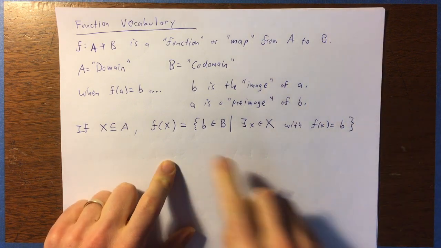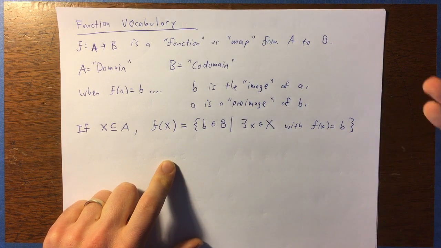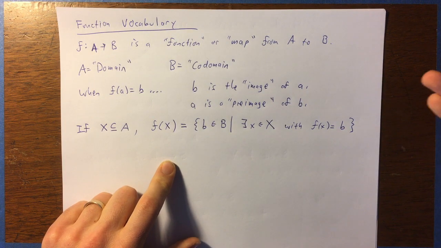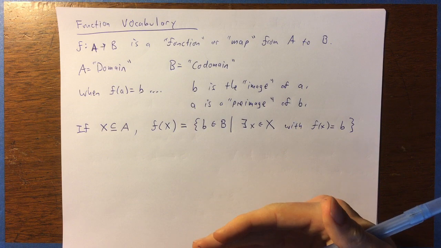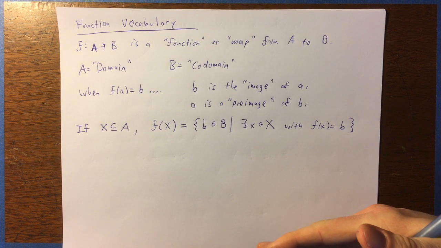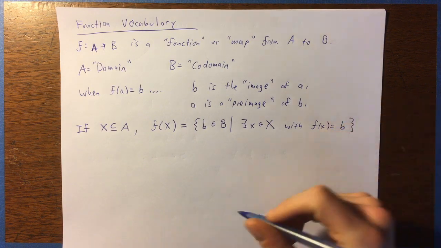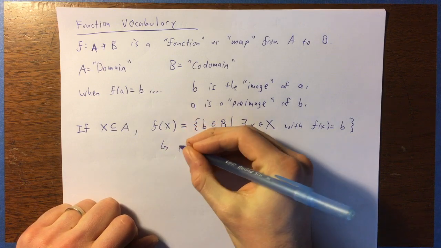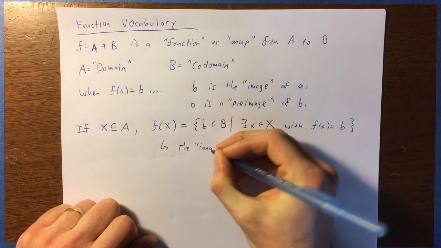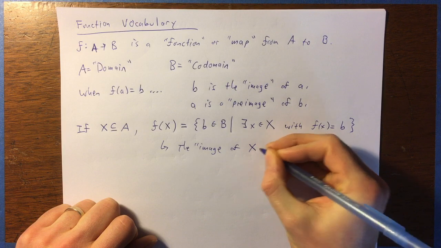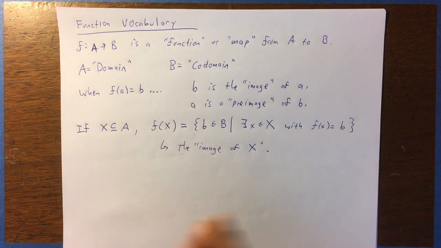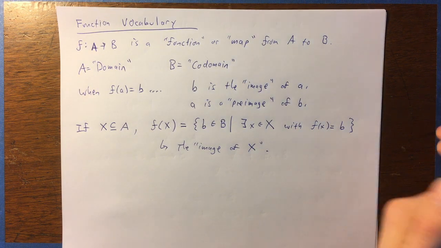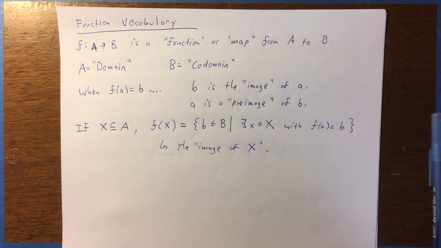So basically, this is just representing the set of all things in the codomain that you get by feeding the function inputs from the subset X. All right? This is called the image of the subset X. So you can have the image of an individual element, which is going to be an individual element, or you can have the image of a subset of the domain, which will result in a subset of the codomain.